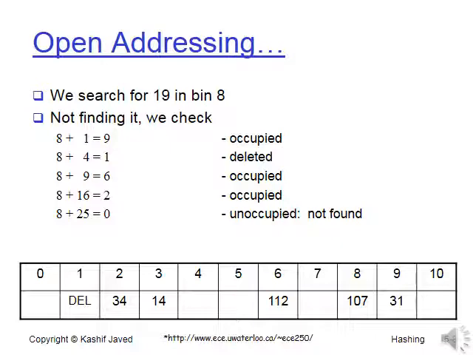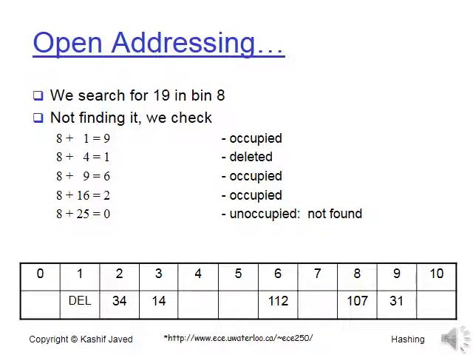Further incrementing the quadratic function variable I to 4 and computing the hash value, which equals 2, we find bin 2 in the hash table marked occupied, and the number the bin contains is 34.